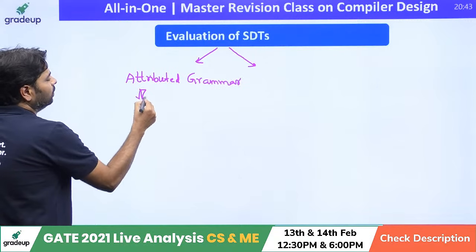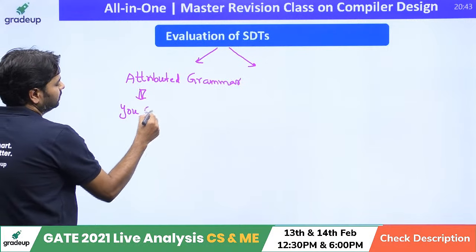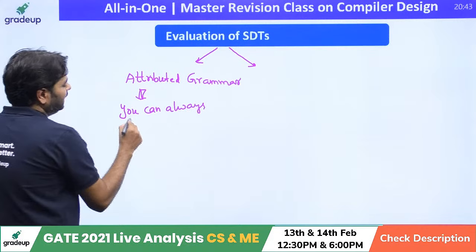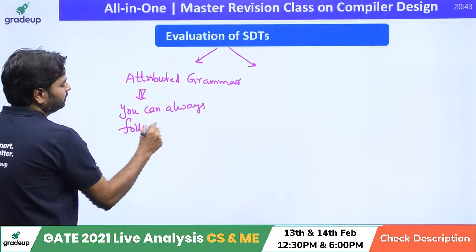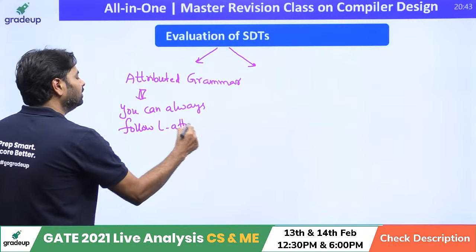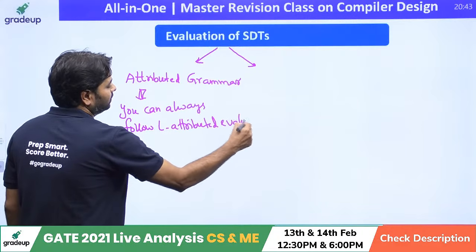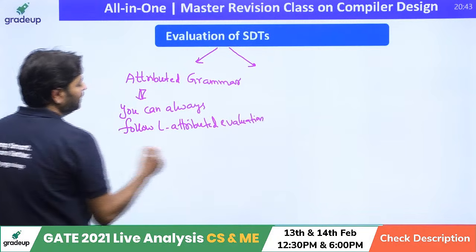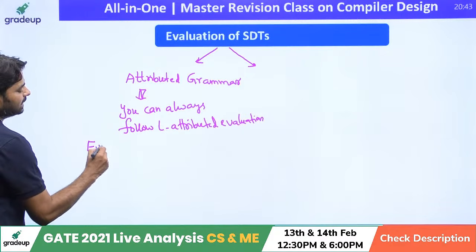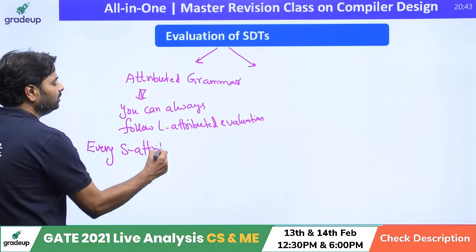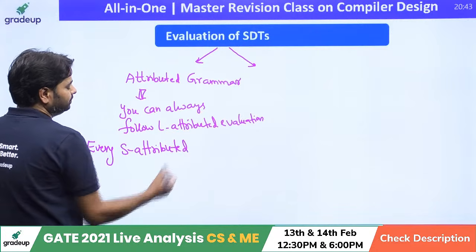You can always follow the L attributed grammar definition, that is L attributed evaluation. The reason behind it: every S attributed is L attributed. So even though it is S attributed, you can call it L attributed.